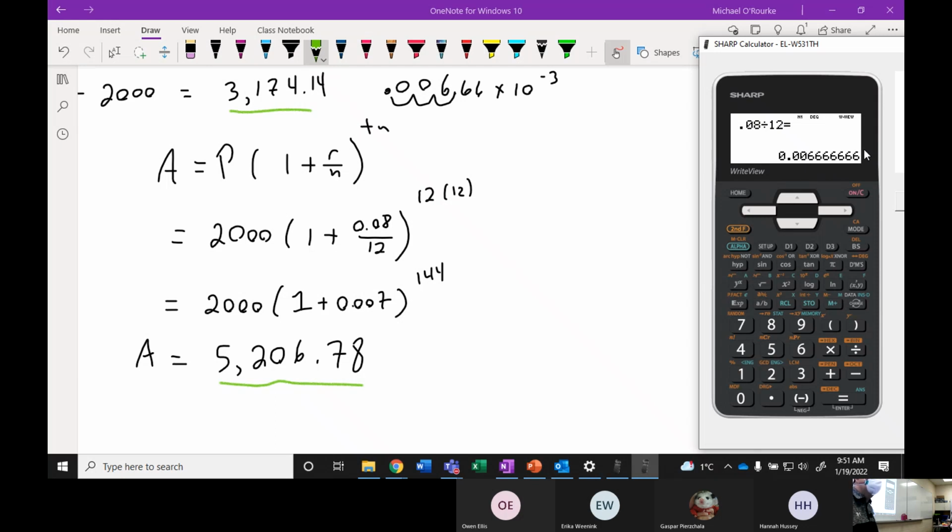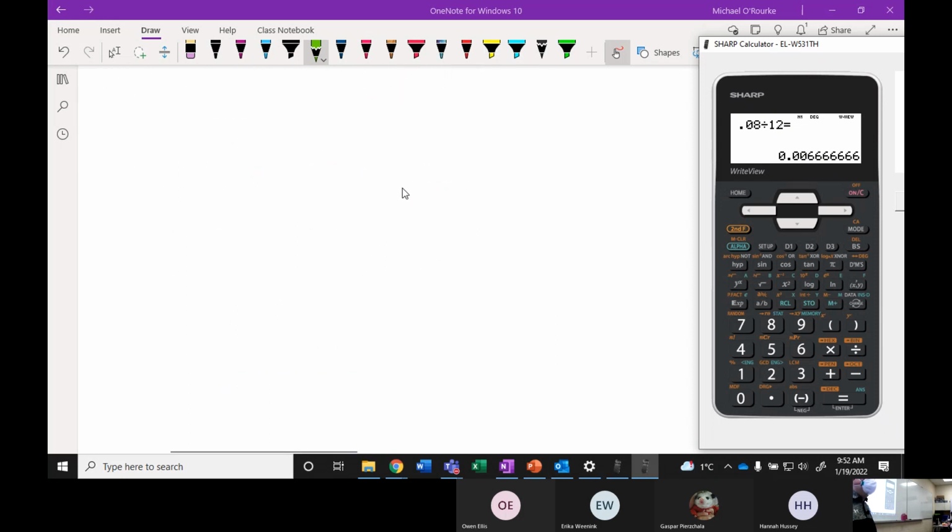If you're doing 0.007, my calculator is going 0.006666666. Just that little bit makes that much change. So try not to clear your calculator.